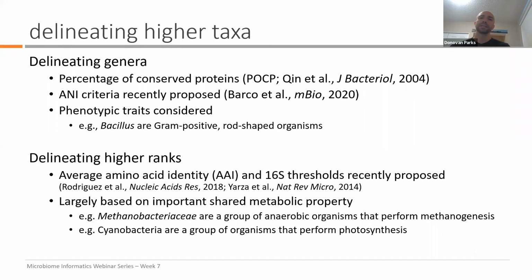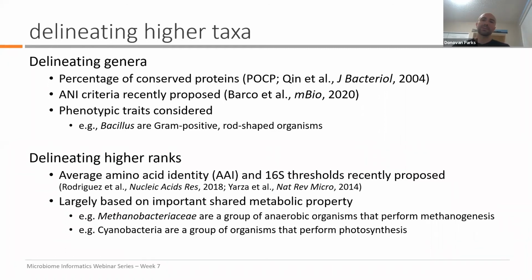Now at higher ranks, it's been proposed to use average amino acid identity. That's similar to average nucleotide identity, but looking at the amino acids on proteins instead. And 16S thresholds have been proposed. Now these have been proposed fairly recently, so they just haven't had a chance to be applied to a lot of hierarchical taxa. A lot of the hierarchical taxa we know were proposed in the past, before these criteria were put forth, and are basically based on key shared metabolic properties.